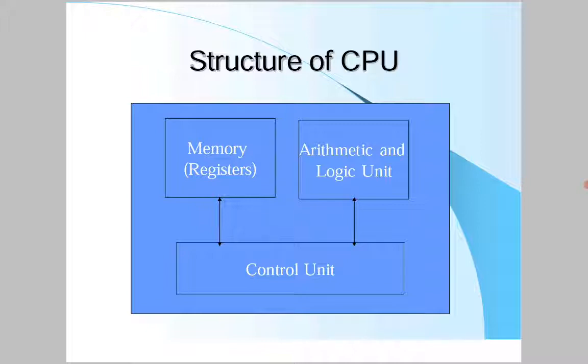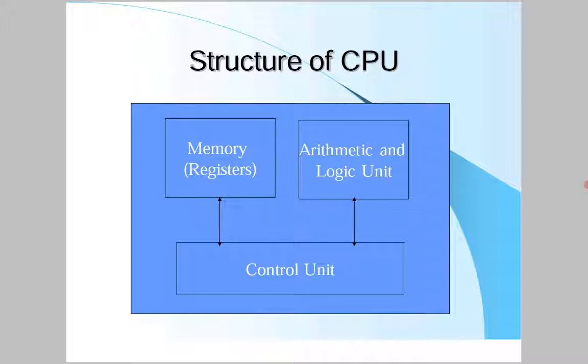The structure of a CPU, or central processing unit, contains 3 components. The first one is memory, or registers, or temporary registers. The second part is the arithmetic and logic unit, called the ALU. The third one is the control unit.